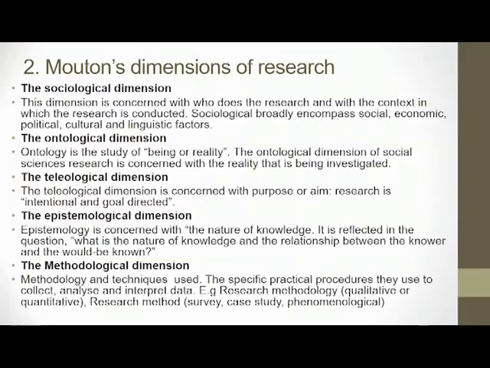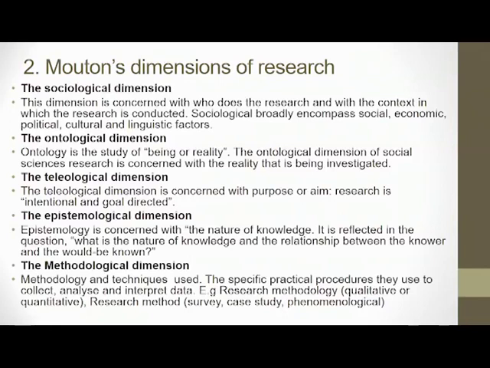Number 2, you should be able to explain Merton's dimensions of research. There are 5 dimensions of research by Merton. We have the sociological dimension, which is concerned with who does the research and with the context in which the research is conducted.